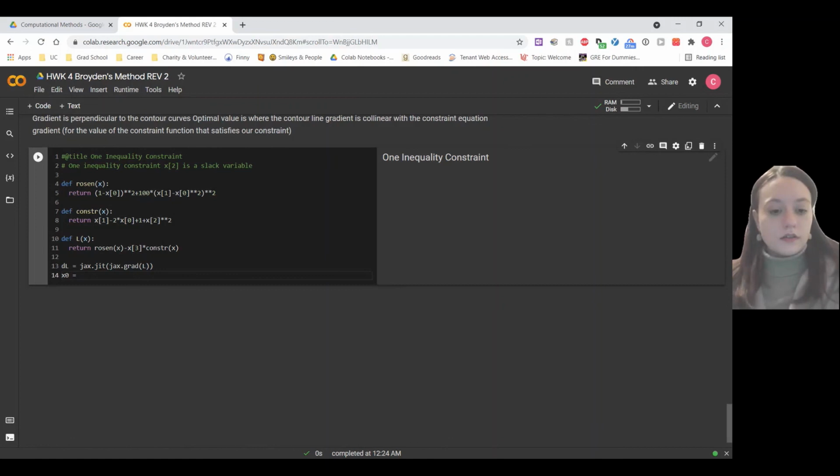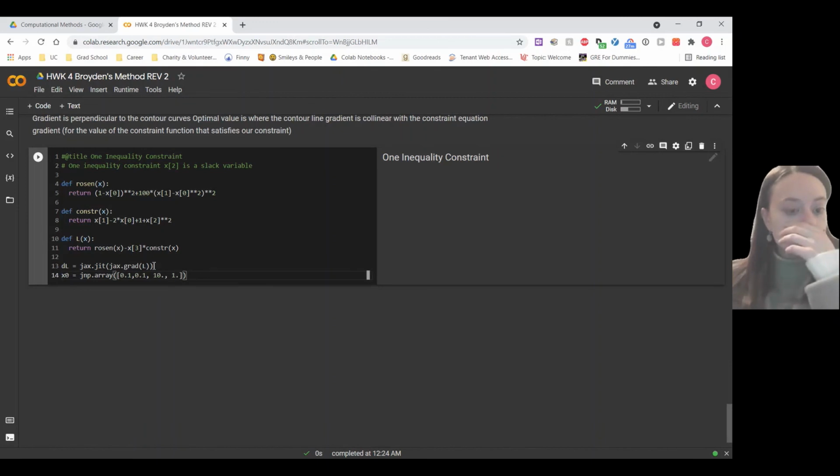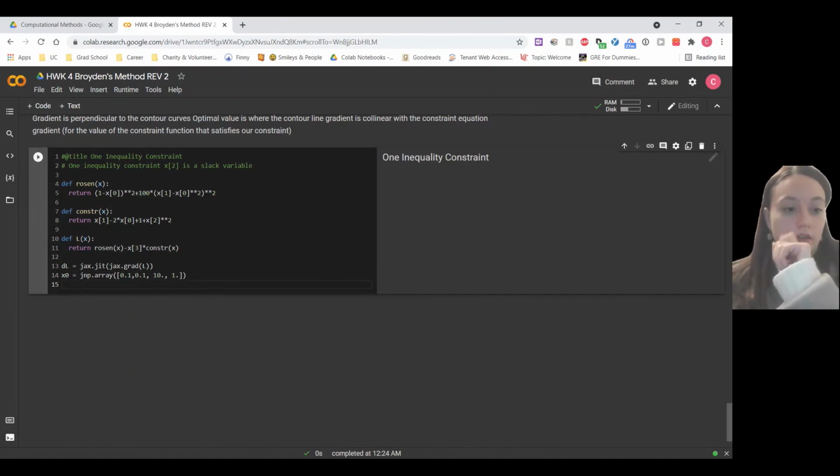For this, I'll use the same examples that we used in class. That was 0.1 for our initial x and y values, then 10 for our initial slack variable, and 1 for our initial Lagrange multiplier.